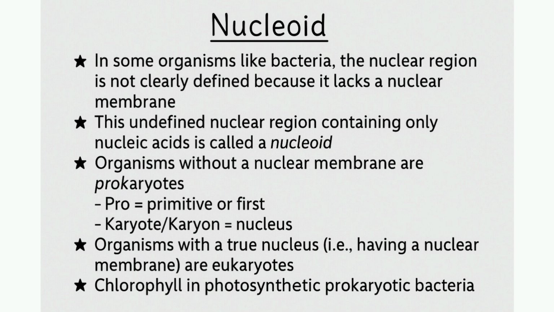And these prokaryotic cells lack most of the cell organelles found in the eukaryotic cells. In the eukaryotic cells, there are so many cell organelles like plastids, mitochondria, endoplasmic reticulum, Golgi bodies, etc. And these organelles are absent in prokaryotic cells, and in photosynthetic prokaryotic bacteria, chlorophyll is present, but it is not present in the plastid chloroplast.